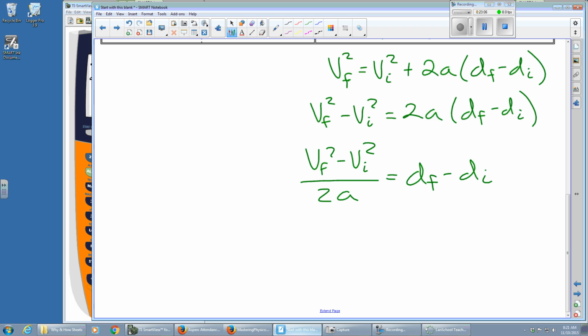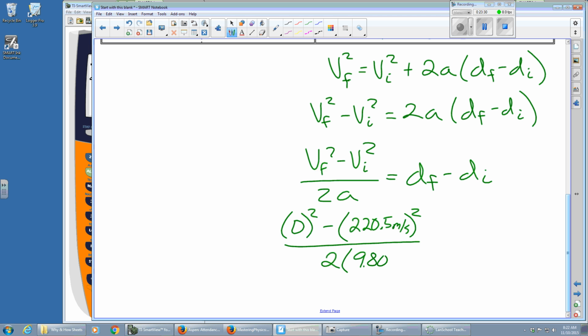And now I'm going to substitute in 0 squared minus 220.5 meters per second squared over 2 times 9.80 meters per second squared.